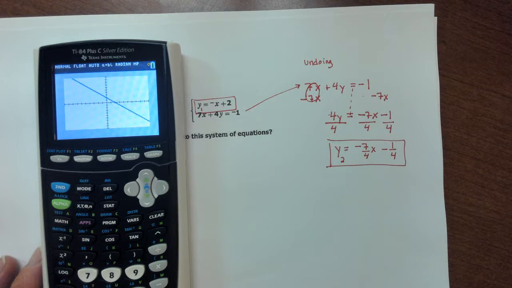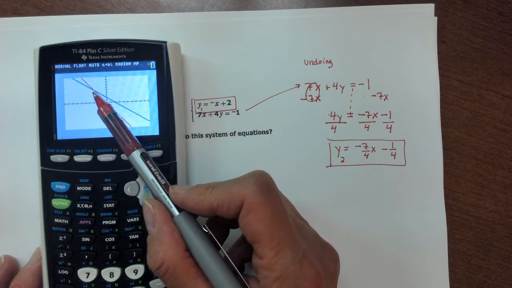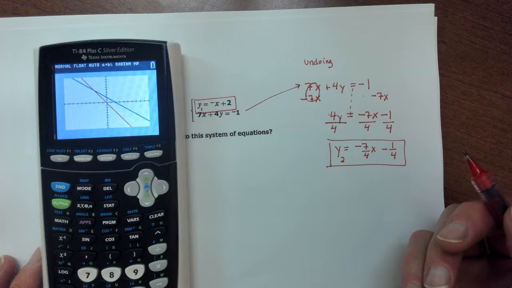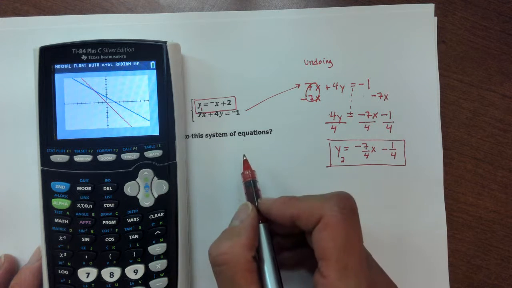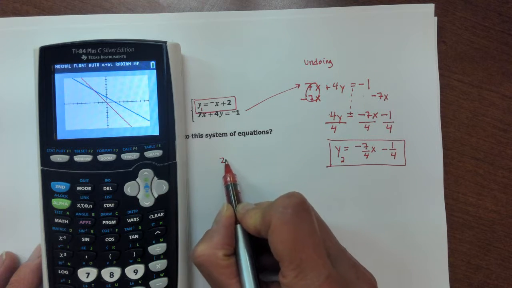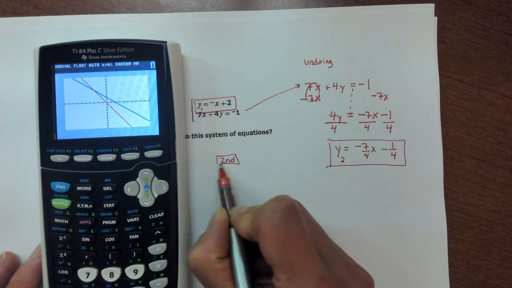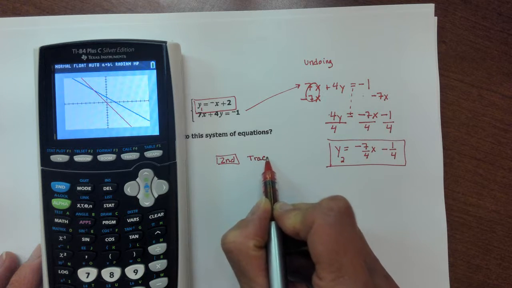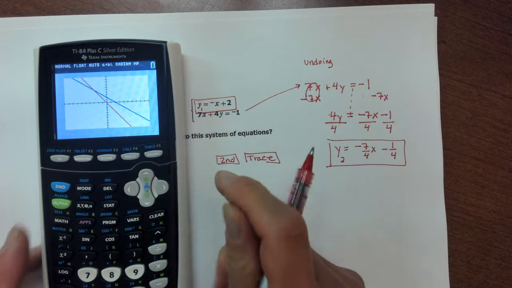So we've done something similar to this before. So I can see I have an intersection right here. Do you remember where to go to get that? You're going to go to second, trace. So let's do that.